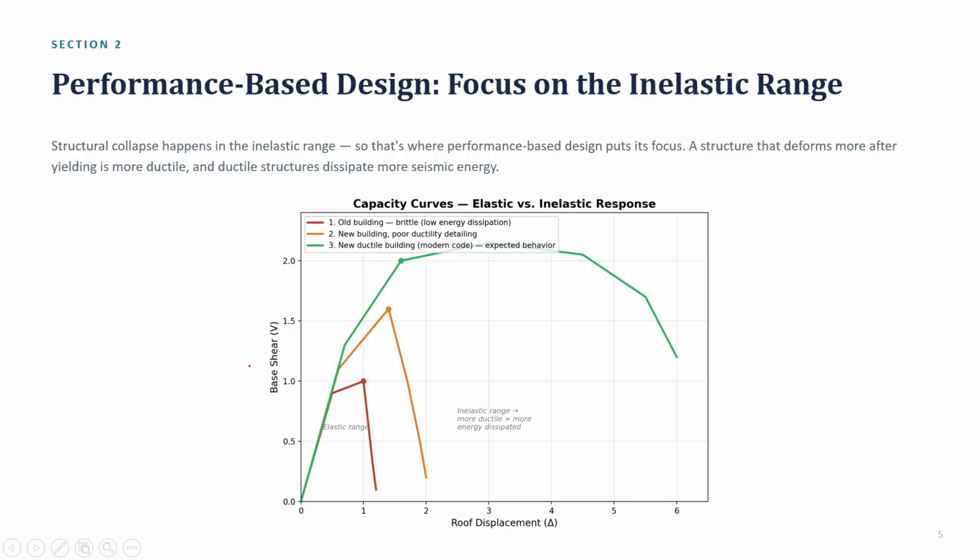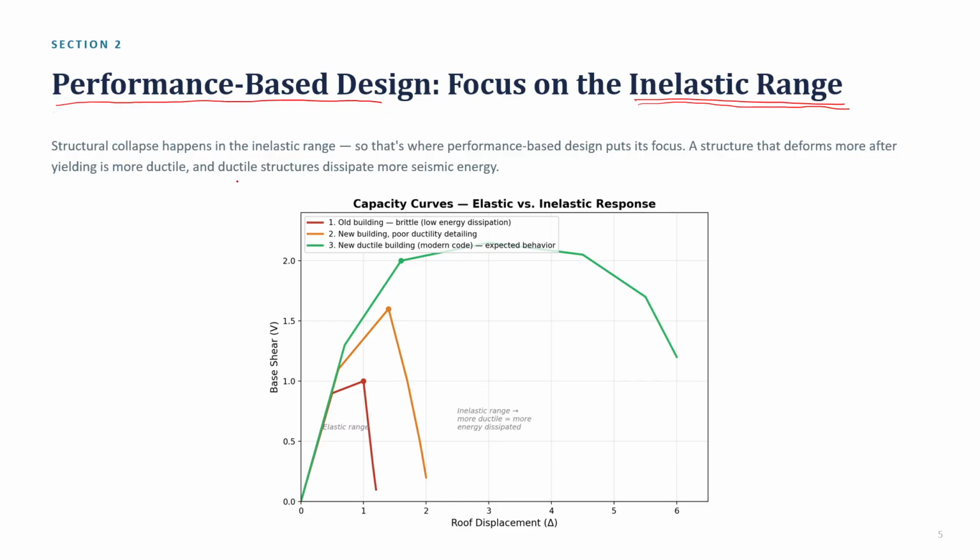Now I'm going to explain the performance based design. Here you can see the title, performance based design. This basically focuses on the inelastic range, because that's where real structural collapse happens.